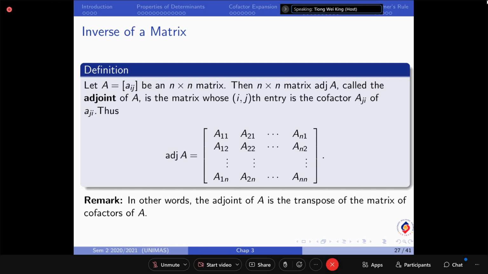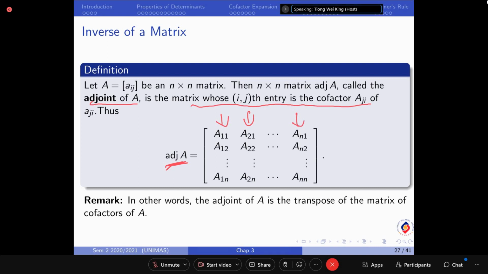Now before finding the inverse, the first thing you need to find is the adjoint of A. Now the adjoint of matrix A is the matrix whose ij entry is the cofactor A_ji of A. So basically this is the matrix adjoint, and then the element is the cofactors.